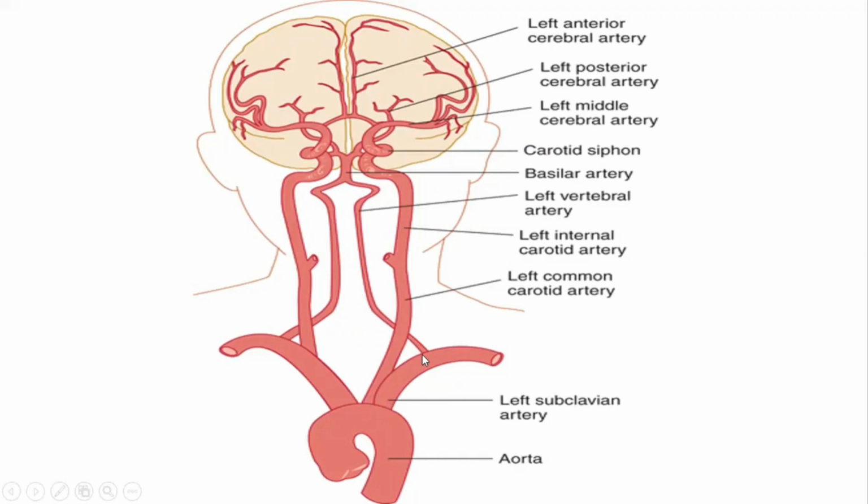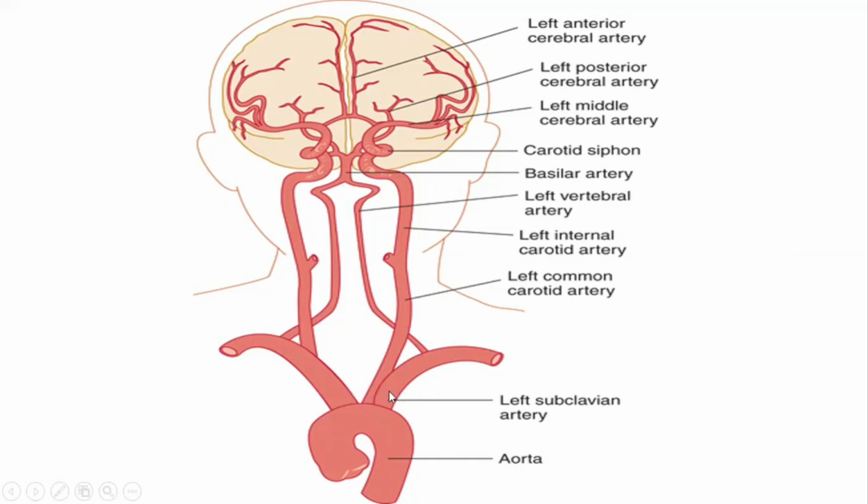But first, before the common carotid, we should know this artery that is arising from the subclavian arteries. This, as I said, is the right subclavian artery, and this is the left subclavian artery. So this artery is the vertebral artery. We have two vertebral arteries, the left and the right, which join to form the basilar artery, which we'll talk about later.